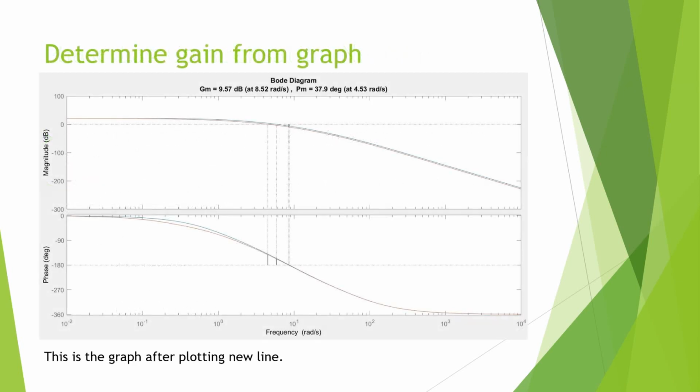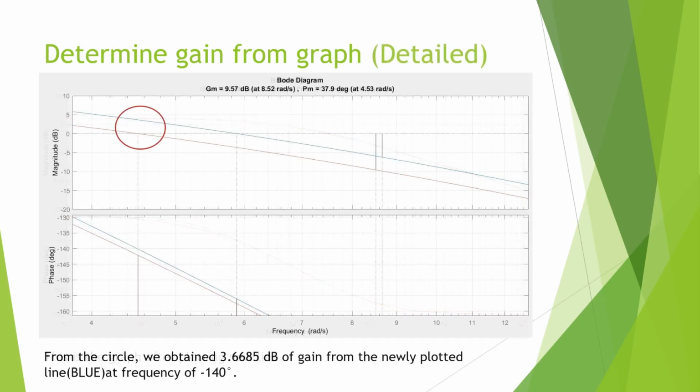This is the graph shown after plotting the new line in comparison with the initial line. After we zoom in, we obtain 3.6685 dB of gain from the newly plotted blue line at the frequency of negative 140 degrees.